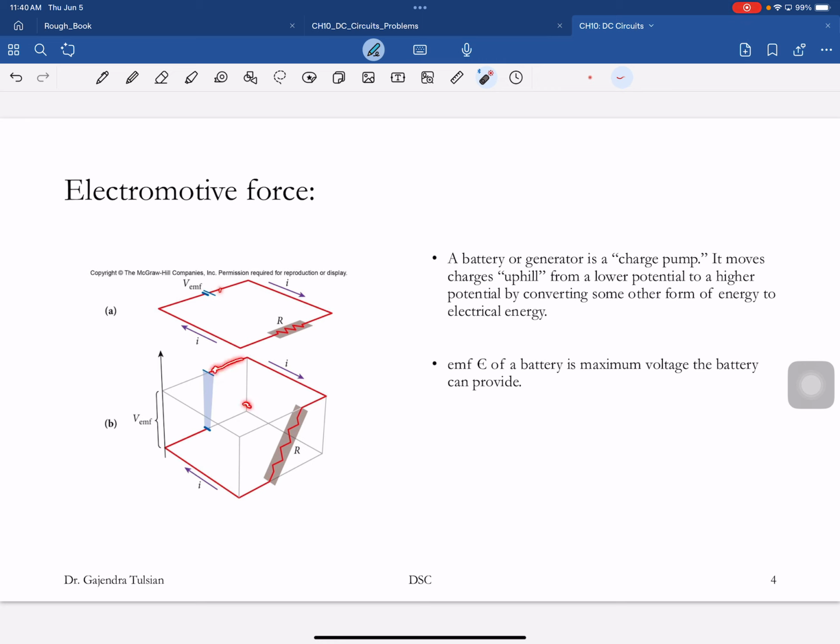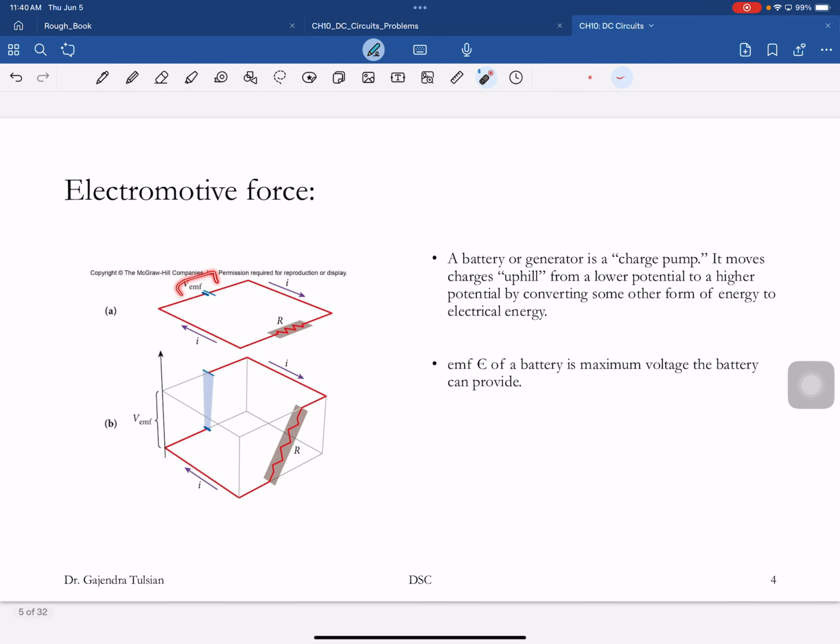Here it's high, and then it loses potential energy as it goes through the load. That potential energy is converted to whatever it is that this load is doing. And then here it's lost all its potential energy. The battery spends chemical energy and gives the charge back the potential energy, and it can go do its stuff again.